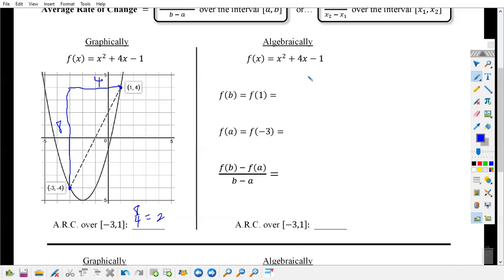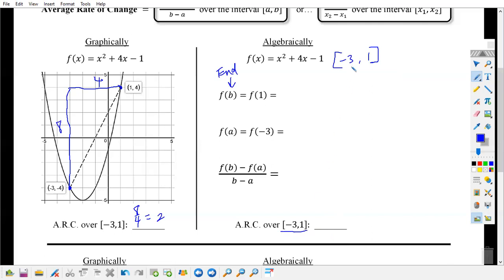So if I'm looking at x squared plus 4x minus 1, and the interval that it wants me to look at is from -3 to 1, okay, that's the interval we're looking at. We're going to first start off by finding our ending. Your f of b is where did you end? Okay. F of b is where did you end? So it says over the interval.